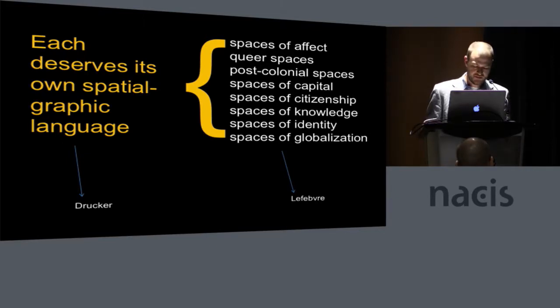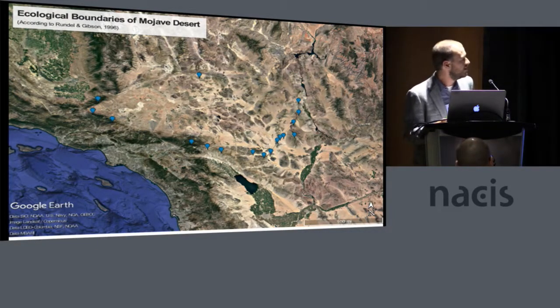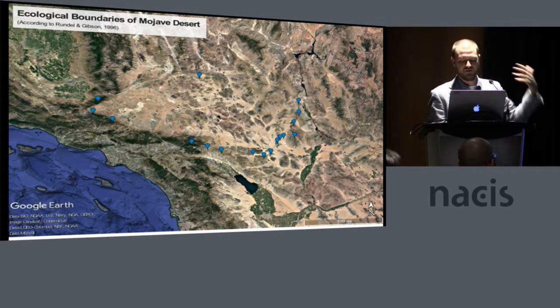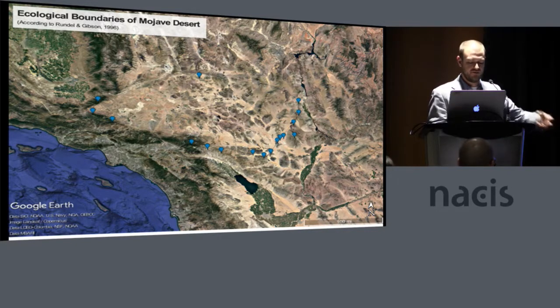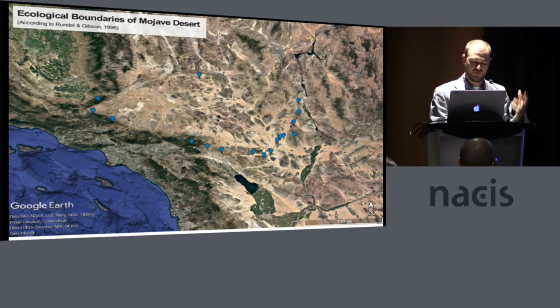Okay, so this summer I began a project using the Mojave Desert as a case study, seeking to address this exact issue. The founding idea is to make a type of atlas that brings together, again, Lefebvre with Drucker, this critique of many spaces with the idea of graphics.